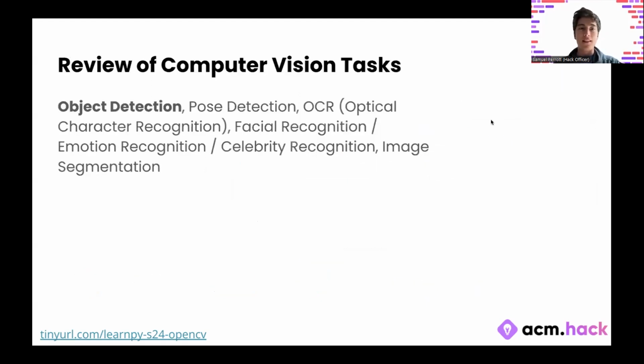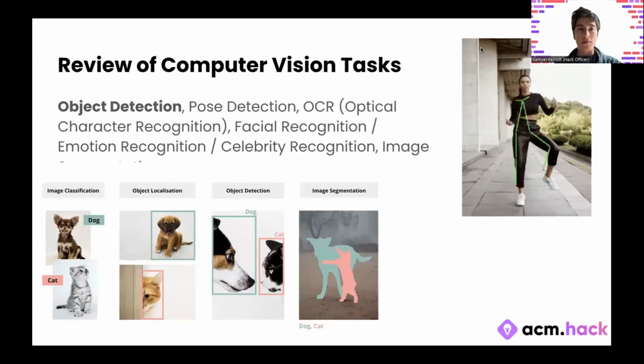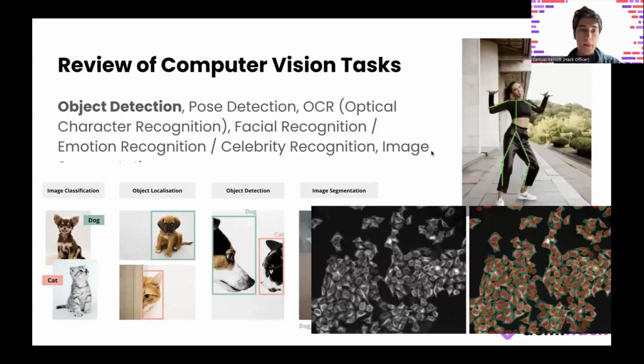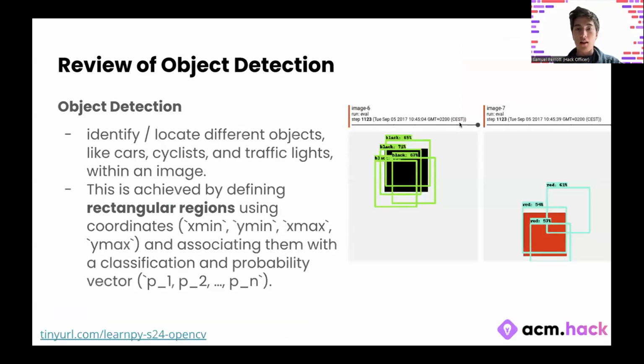But let's talk about the types of computer vision tasks and what we're going to be talking about today. There are many different types of CV tasks, as Satyan said, so I'm not going to go into too much detail, but all of these you can do using OpenCV. Today we're going to be doing object detection, specifically facial detection, which is just a subset of object detection.